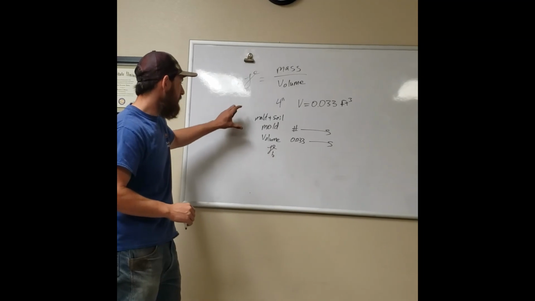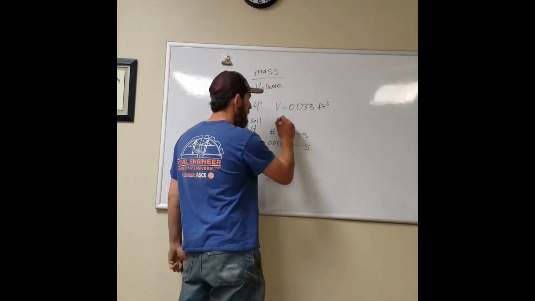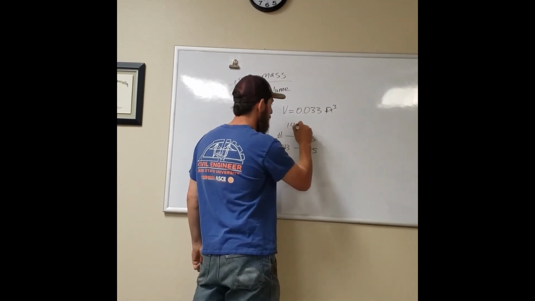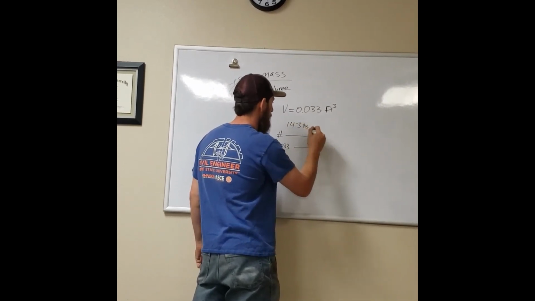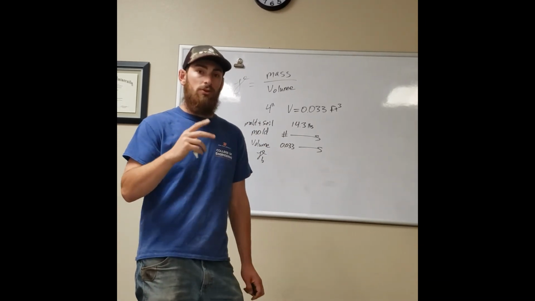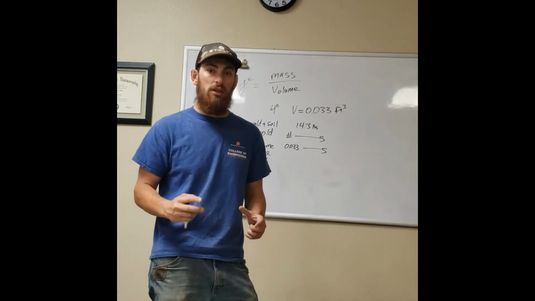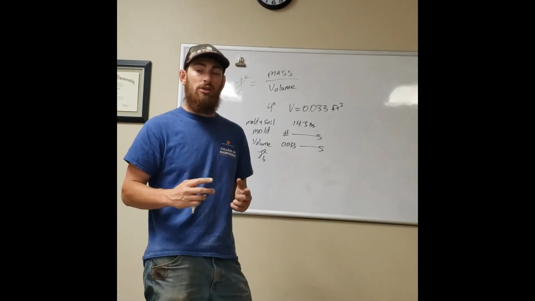The way that this is going to work is I'm going to come up with 14.3 pounds. On the next one, I'm going to add a little bit more moisture. I'm going to try and stair step in 2% increments. Now the actual amount of water that I add is arbitrary. It doesn't really matter. I'm just going to try and make it consistent.